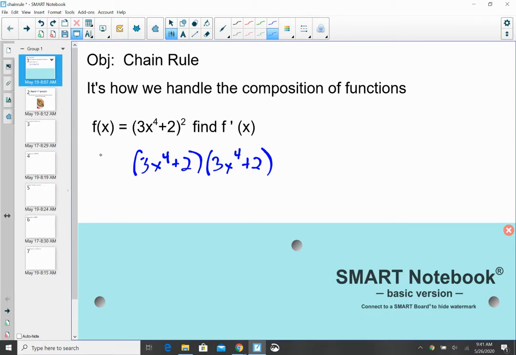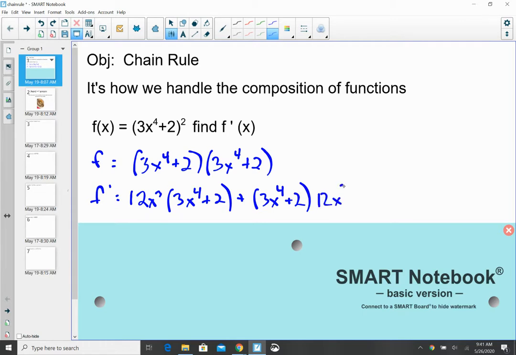So if that's what the function equals, then our derivative would be, according to the product rule, 12x to the third, and then you get 3x to the fourth plus 2 plus 3x to the fourth plus 2 times 12x to the third, and then you can group your terms and you end up with something like 24x to the third, 3x to the fourth plus 2.